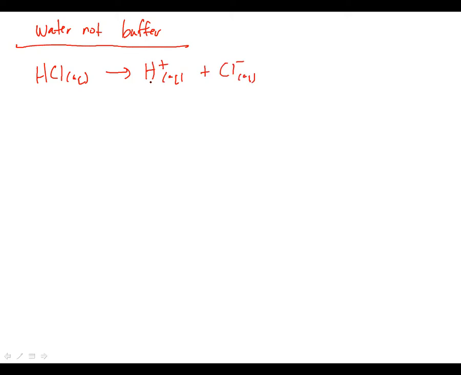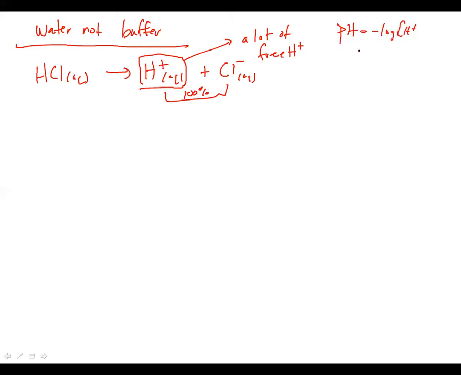We have just produced a lot of free H plus really quickly. And if you remember, the pH is minus the log of the H plus concentration. As the concentration of H plus increases, the pH goes down.